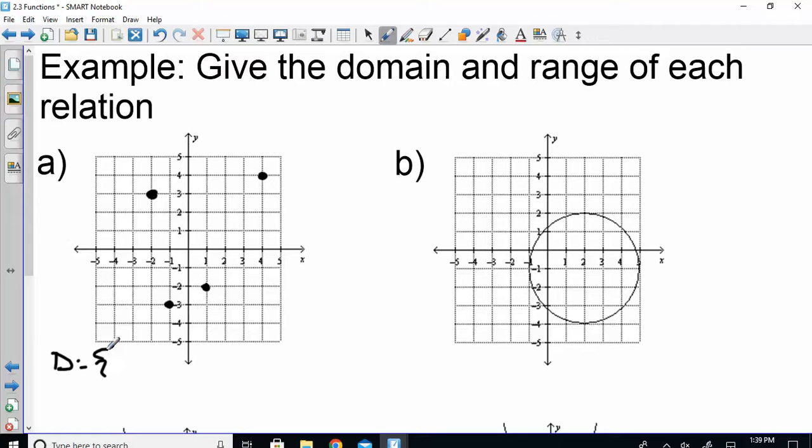So the domain is just the x value of each of those 4 points. So what would it be? -2, -1, 1, and 4. Range would be the y values of each of those.